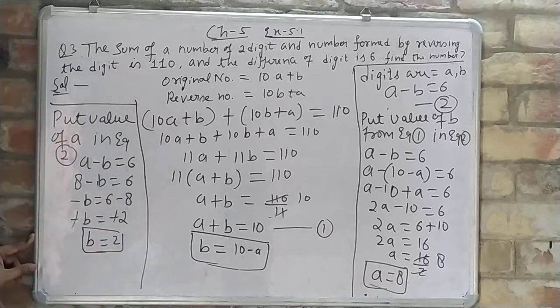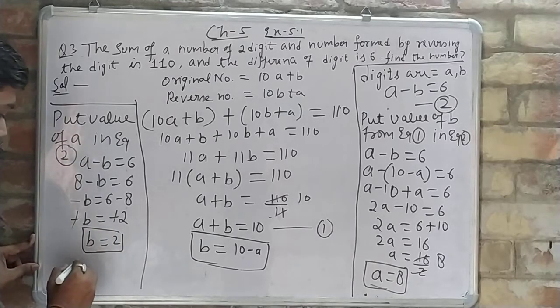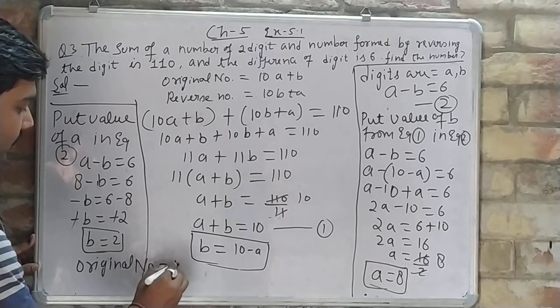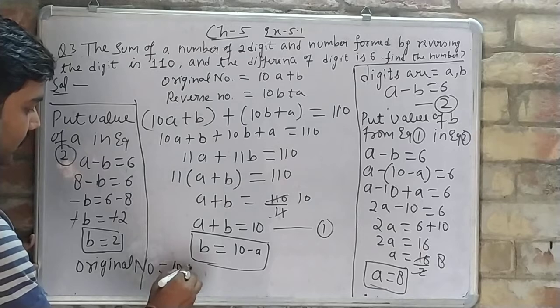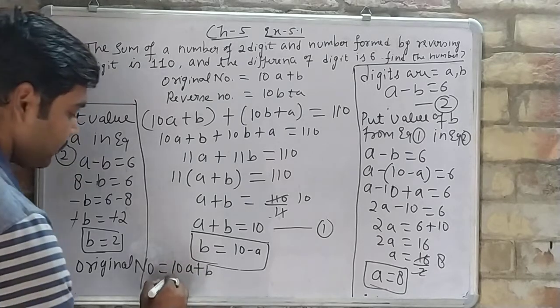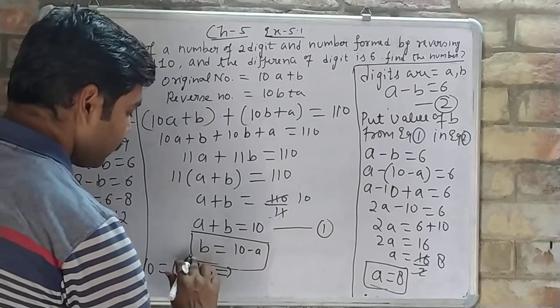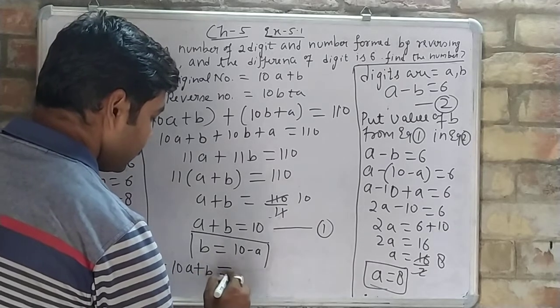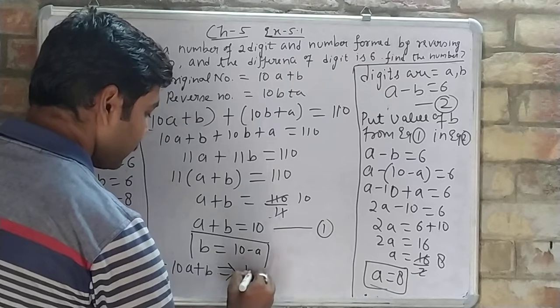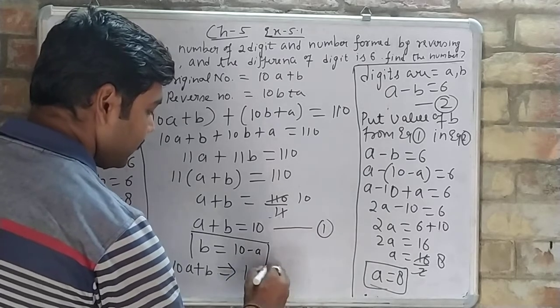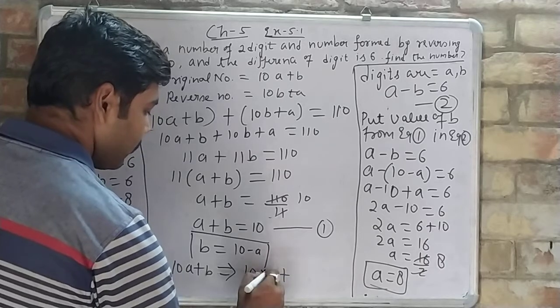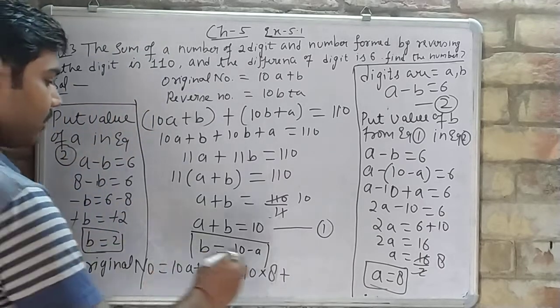So what is the original number? The original number will be 10A plus B. In place of A we place 8, and the value of B is 2.